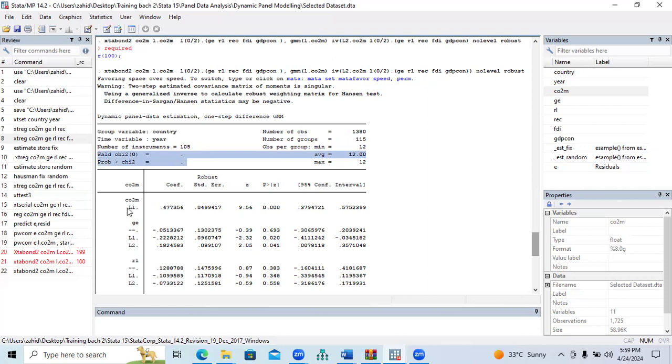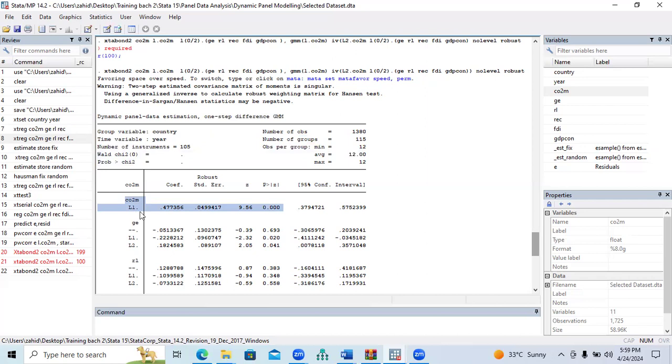The next thing that you need to see, the first lag of your dependent variable is highly significant here. It means that your dependent variable, which is CO2 emission, is significantly determined by its own previous value.